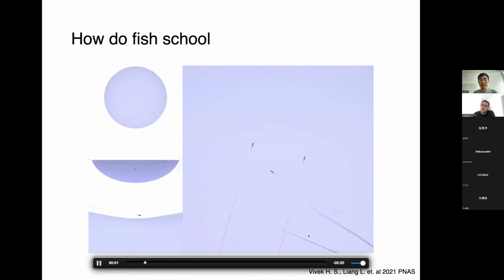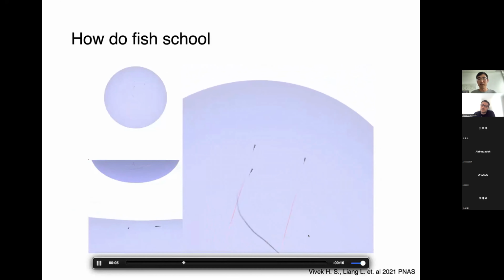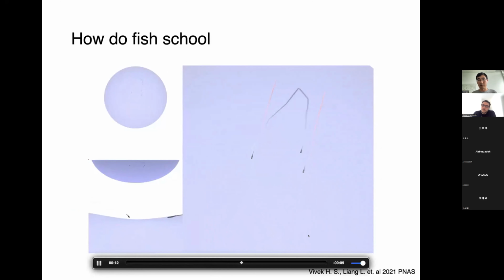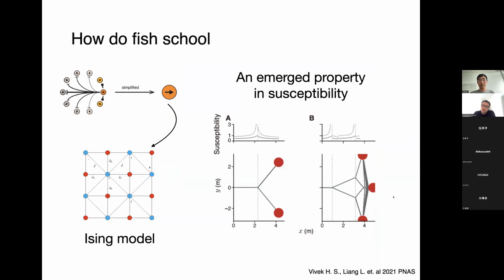So we can also transform the similar question to the fish system here. We can give two identical leaders and ask how the real fish choose to follow. And we also get a very simple Ising model, which can model how the individual will make decisions in such cases. And we find this model has a very interesting property.